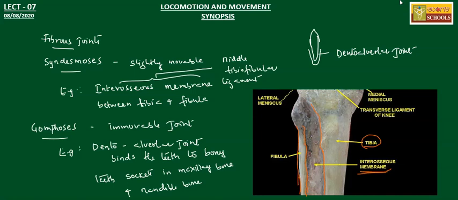Now let's look at cartilaginous joints. So the next one, cartilaginous joints. Under this we have two types: chondrosis and symphysis.